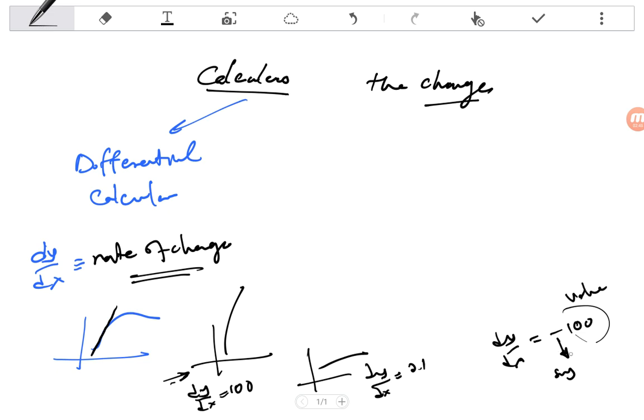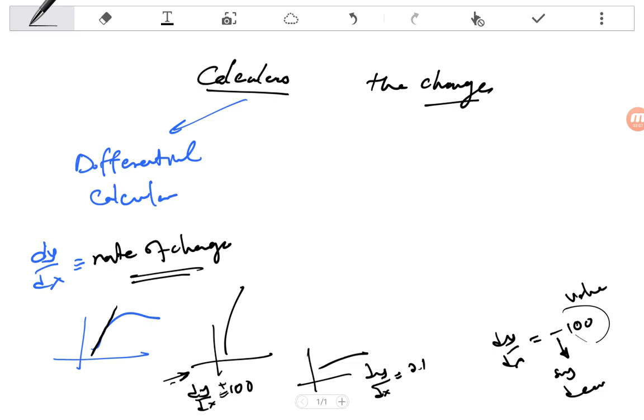The sign determines whether it is increasing or decreasing. A positive value means that it is increasing. A negative value means that it is decreasing. And the value states the rate itself: is it a high rate, does the change happen quickly, or does it happen slowly?